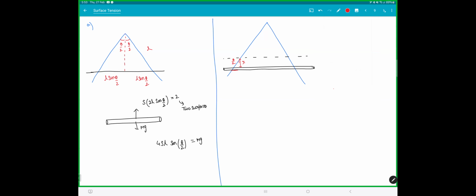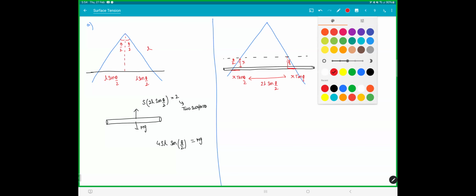So because you pulled the rod down, you got an extra length, x tan theta by 2. Similarly here, this extra length is x tan theta by 2. And initially this length was 2l sine theta by 2. Are you getting this? By pulling the rod by x down, you have increased the length of the rod by 2x tan theta by 2.